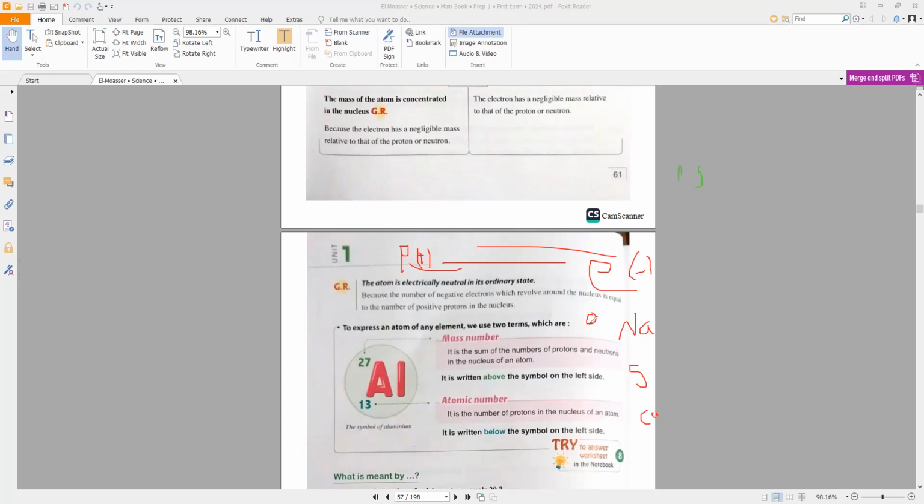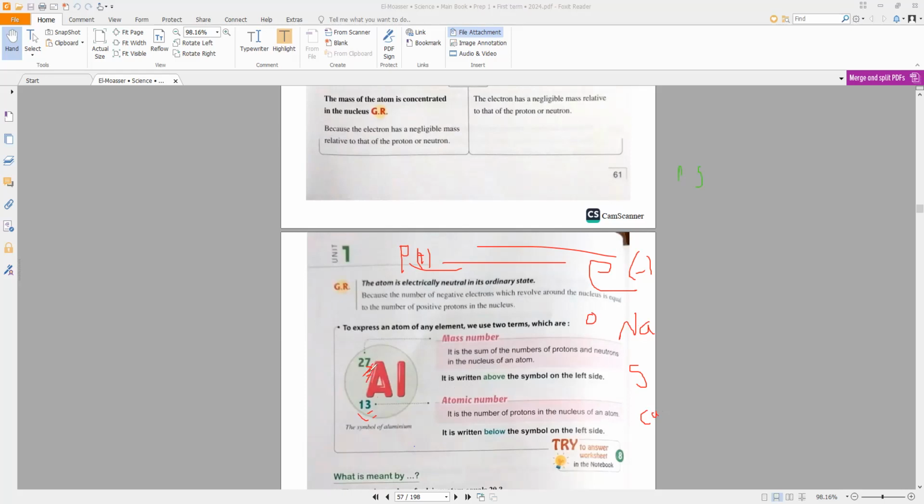But we also use two numbers for each element. Any element has two numbers: the mass number and the atomic number. The mass number is the larger number, written above the symbol on the left side.